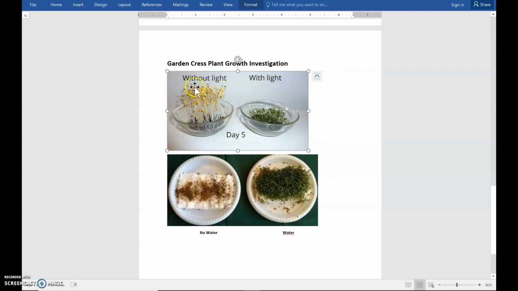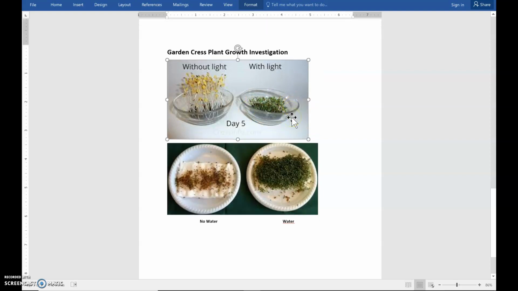So once these leaves start popping up, that's where the photosynthesis is going to happen in the green part of the plant. And it's going to happen with the chlorophyll. That's a chemical inside the plant that makes it green. So once you don't have photosynthesis happening, there's not going to be chlorophyll, which is the green part. So there's no chlorophyll, meaning no photosynthesis happening in this yellow one. Whereas over here we have little ones, but they are green and photosynthesis is happening.